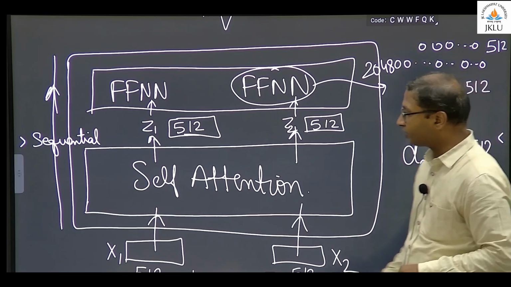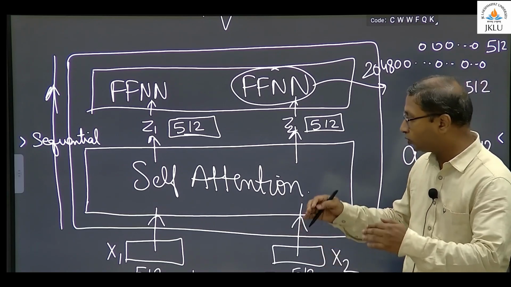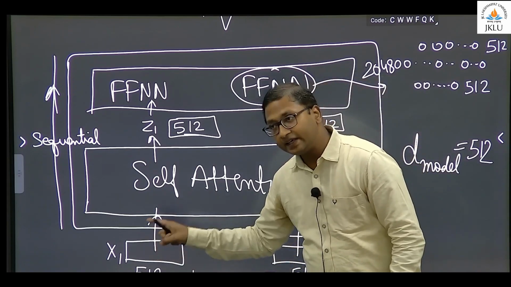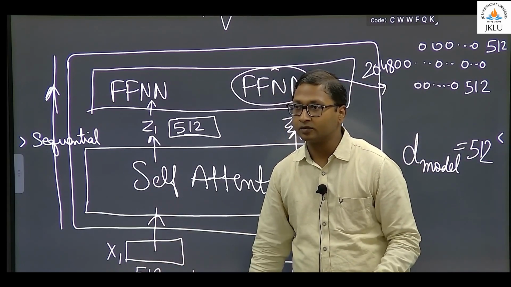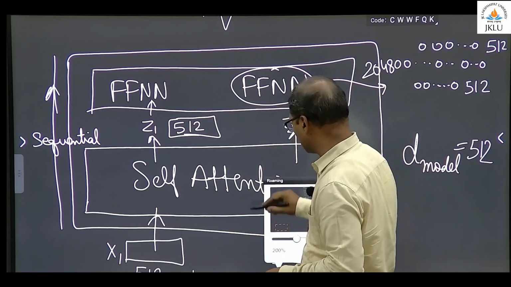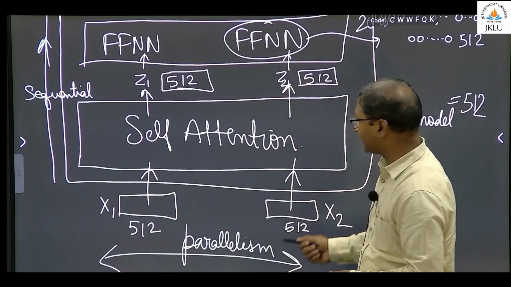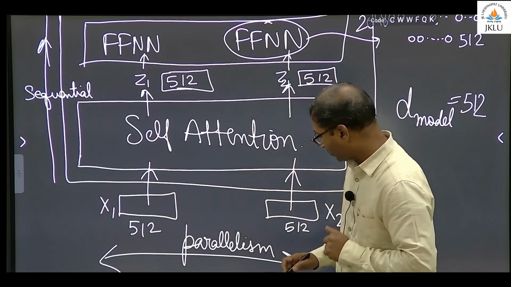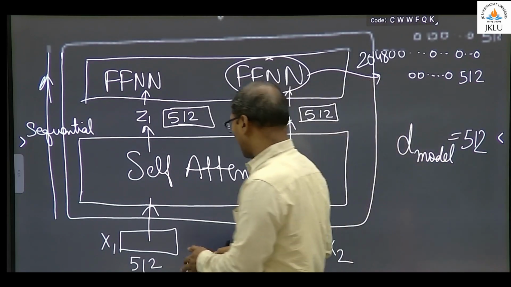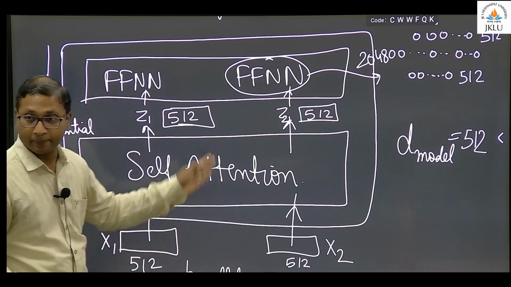Now see, this 512 is repeated. D model is 512 means you have 512 inputs here, x1, x2, x3, and each element is a 512-size vector. So you have 512 elements and every one is 512. Now what the transformer achieves is that all these 512 computations can happen in parallel.